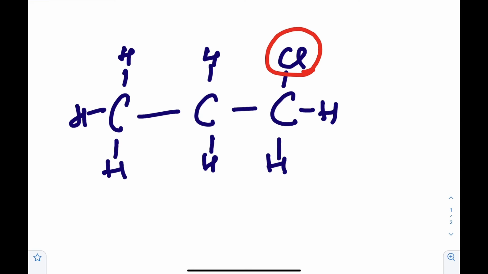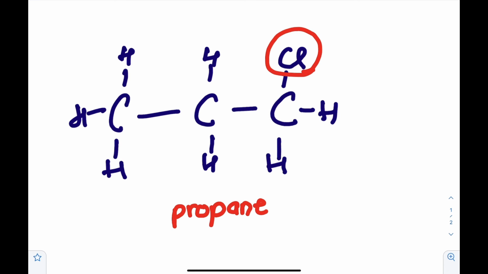So because we have 3 carbons, first of all, we're going to write down prop. Now, is this still an alkane? Yes, it's fully saturated, right? There are no double bonds. When there are no double bonds, we call it saturated. Okay? So propane. And then we have to also take care of the chlorine, right? So where is the chlorine?